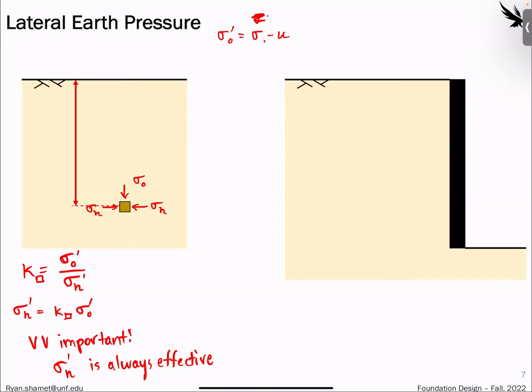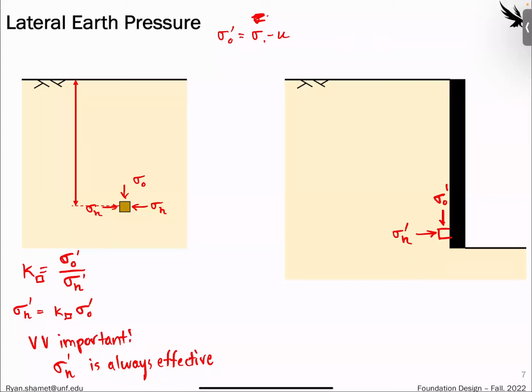Of course, you can see how if we use this in terms of a retaining structure, then if we have a little piece of soil right here, it's going to have this sigma naught right here, but it'll also have a corresponding sigma H as well. Oh, sorry.